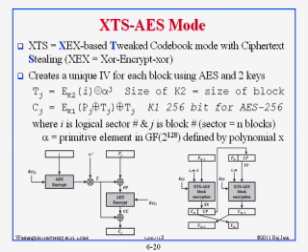Alright, so this is what is called XTS-AES mode, and you should understand every word here now. Exclusive OR, encrypt, exclusive OR, tweak, and this is a codebook mode. Why is it codebook? Because if you remember, we had electronic codebook mode, the very first mode, ECB mode, and we said we should not use it. Codebook simply means that you take a number and you go to the book and look up the output.